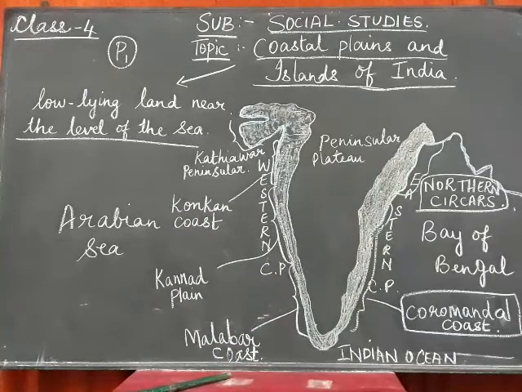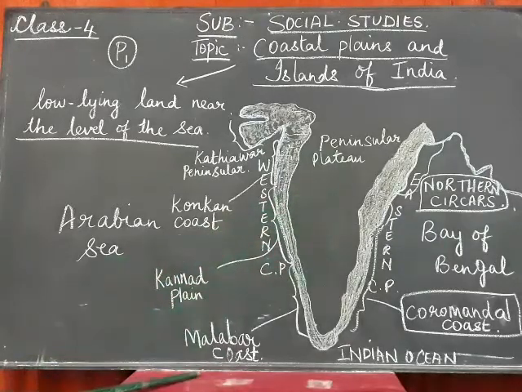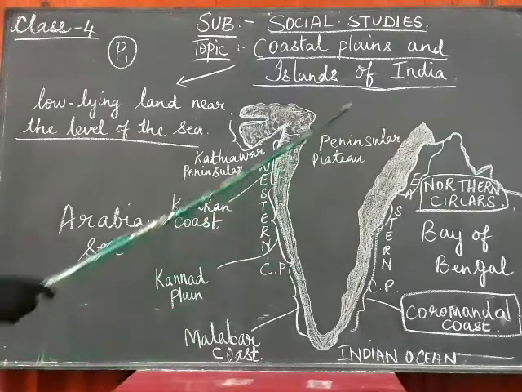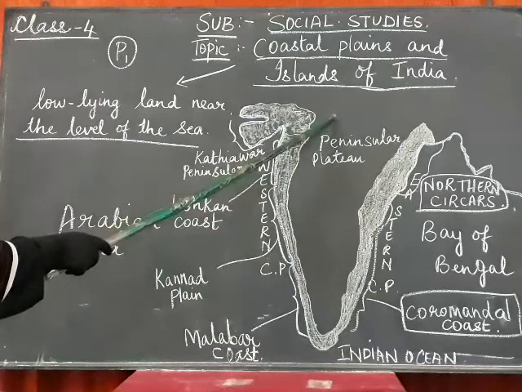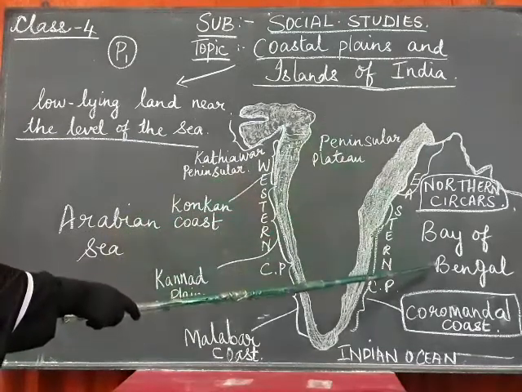Then next we will see how the physical features are. The features of this area are that it is very fertile and water is very much available for irrigation, because most of the rivers from the peninsular plateau flow towards the Bay of Bengal.